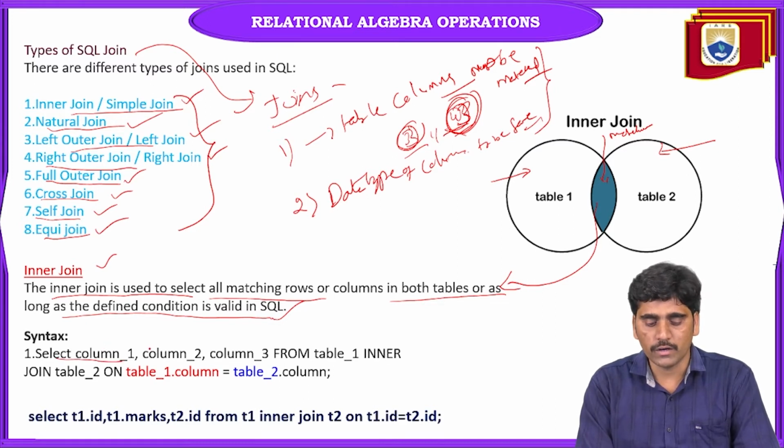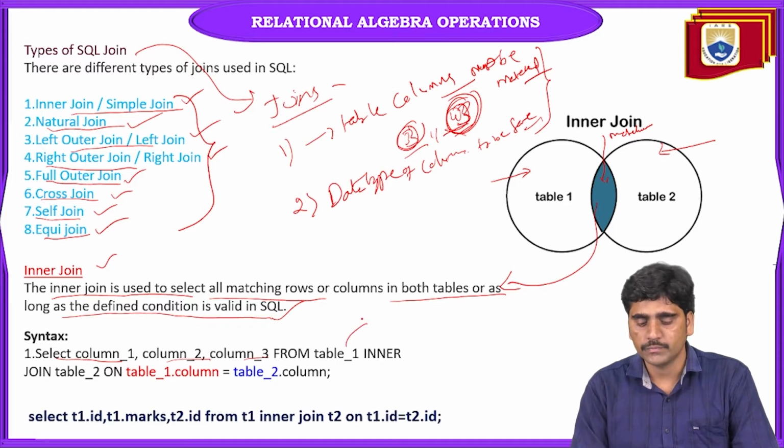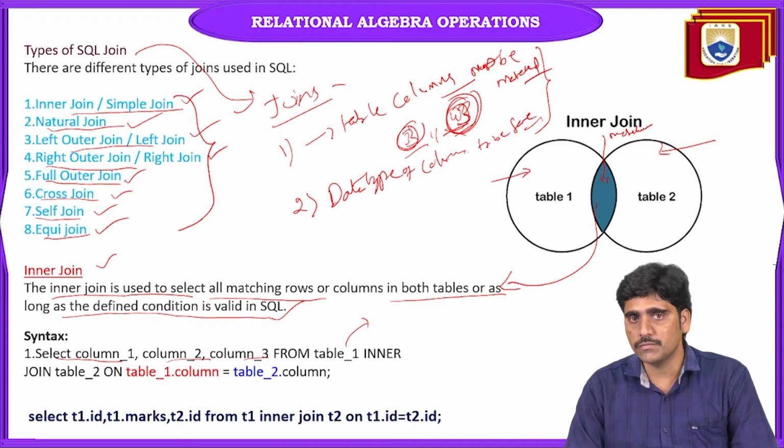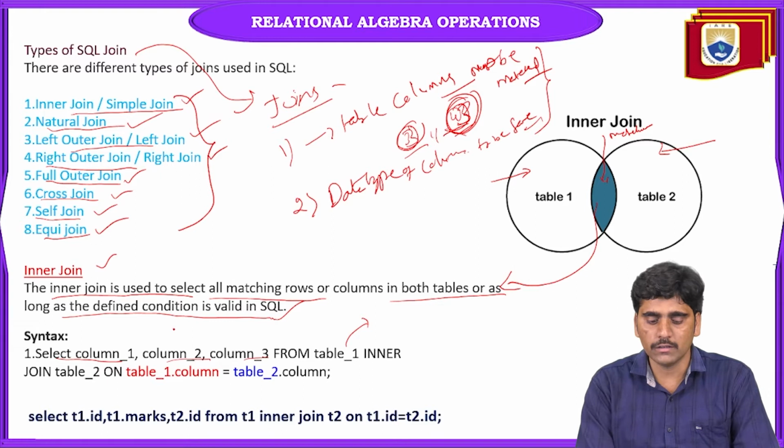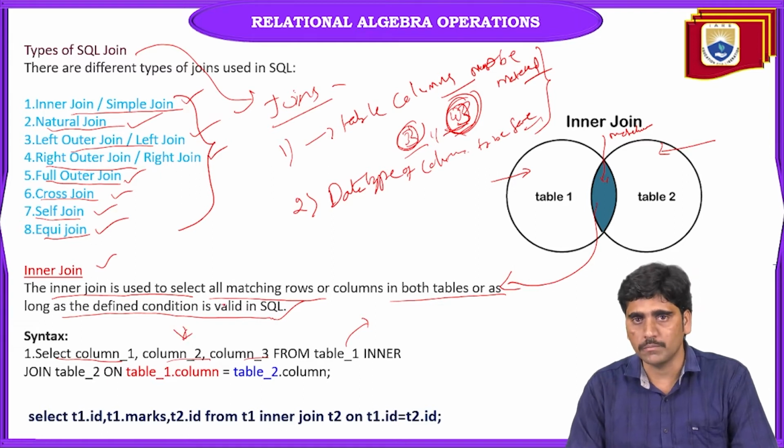Select column 1, column 2, column 3 from table 1. You can mention the columns you want. If you do not want to specify the column names, you can select star from table name.